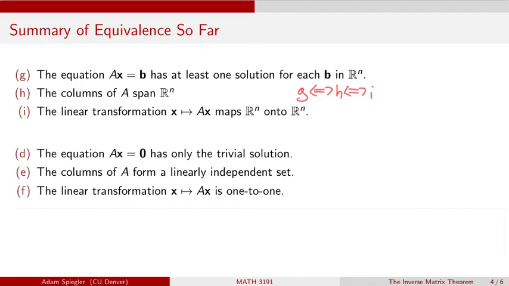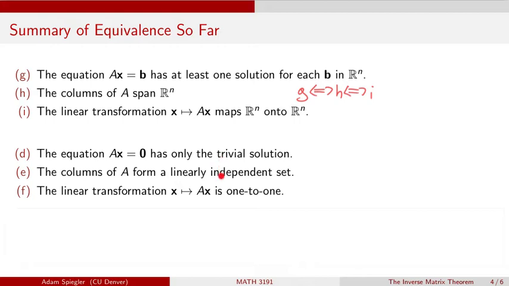And we have a very similar connection between looking at the homogeneous equation AX equals 0. If that has only the trivial solution, we've discussed in the past how this therefore implies that the columns of A form a linearly independent set. And if the columns of A form a linearly independent set, that means this equation AX equals 0 has only the trivial solution.